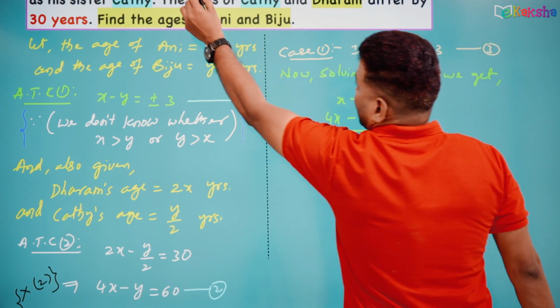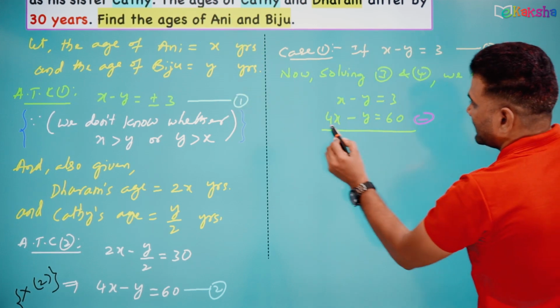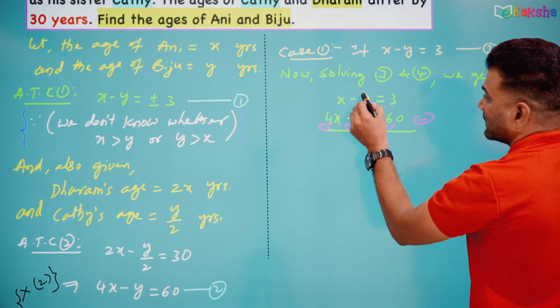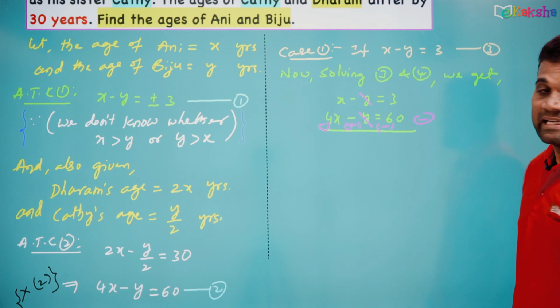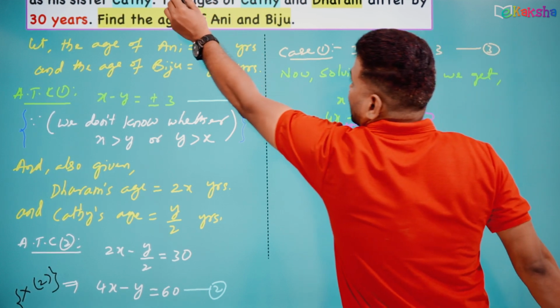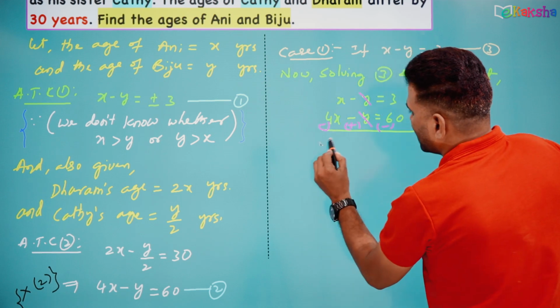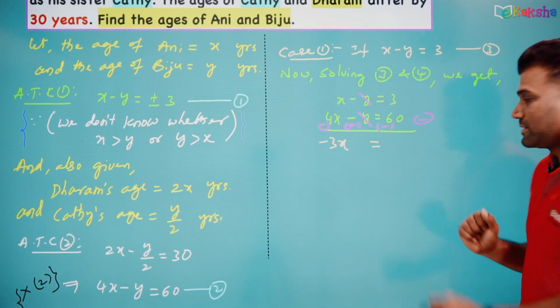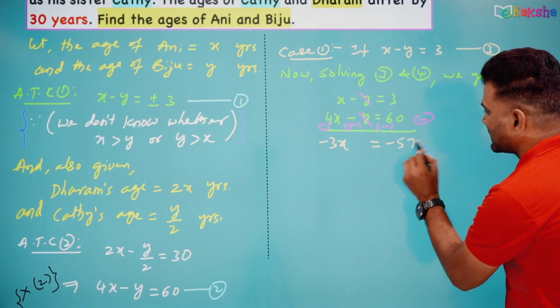On subtracting, signs will change. Here negative y and positive y get cancelled. x minus 4x becomes negative 3x. Here 3 minus 60 is negative 57.